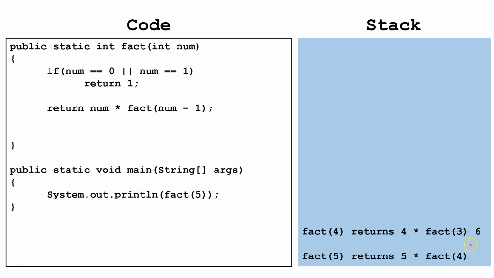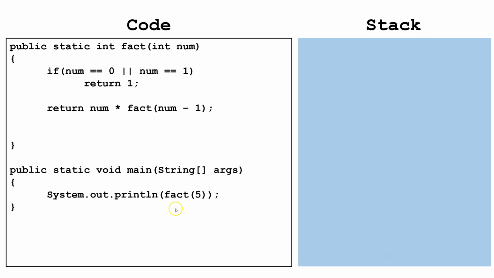Pop that off the stack and plug in the 6. 4 times 6 is 24, so we know fact 4 will return 24. We now replace the fact 4 with the 24. 24 times 5 is 120. So we know the number 120 gets returned to our main method, which will be outputted.